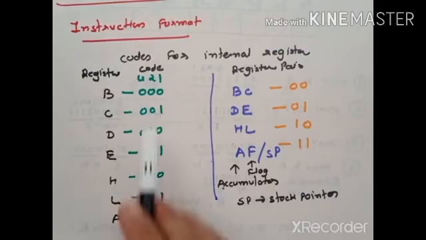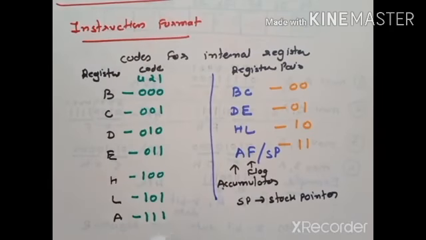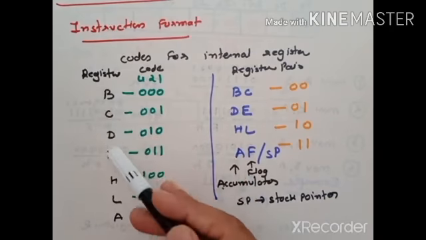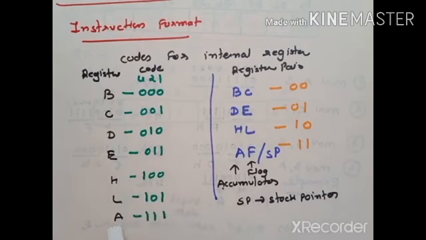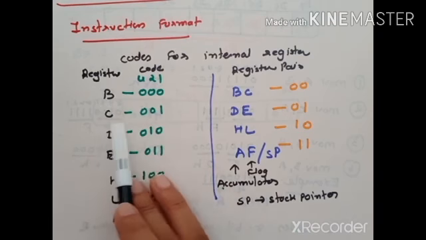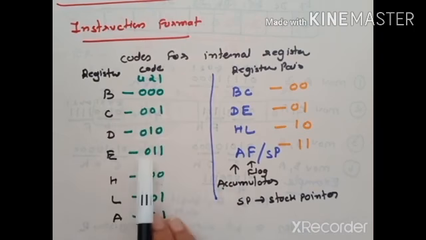Next topic is instruction format. In instructions, these registers are always used: B, C, D, E, H, L, and A. The equivalent code for the registers is B 000, C 001, D 010, E 011, H 100, L 101, and A 111.